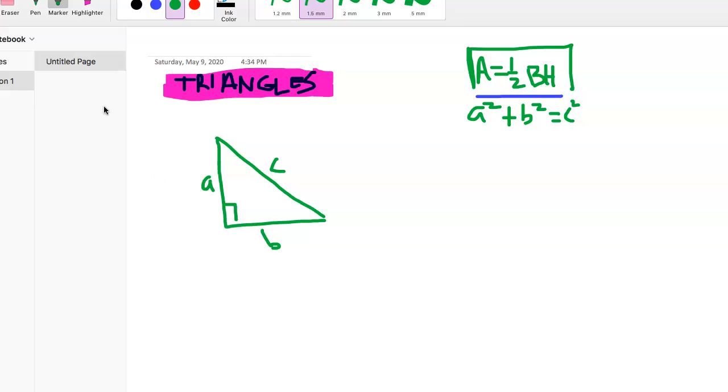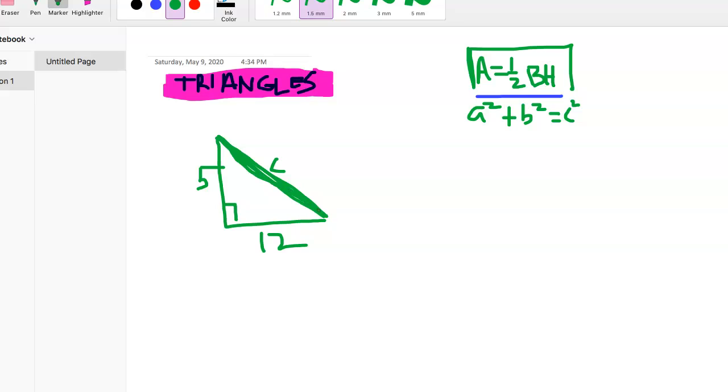Okay, so let's say, and this is always going to happen, they're going to give us two of the sides, but not the third one. We have to figure out what the third one is. So let's say this guy's 5, this guy's 12. What's the value of c? This c, this whole thing right here, is referred to as the hypotenuse.